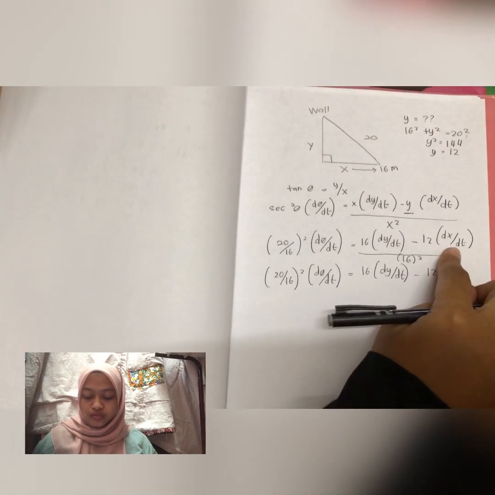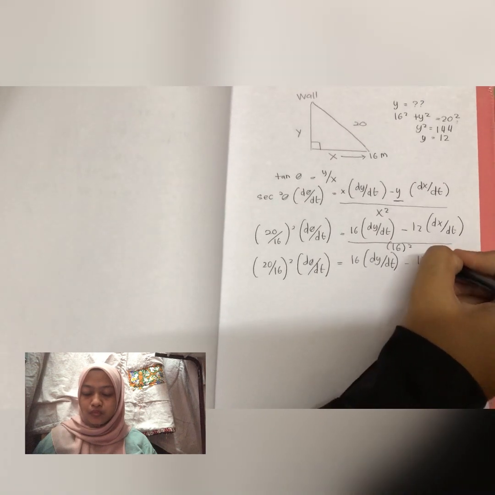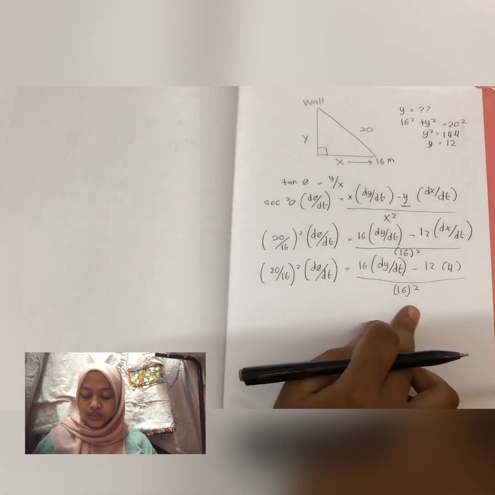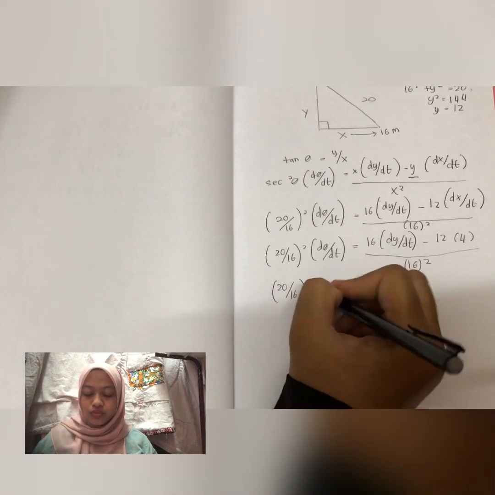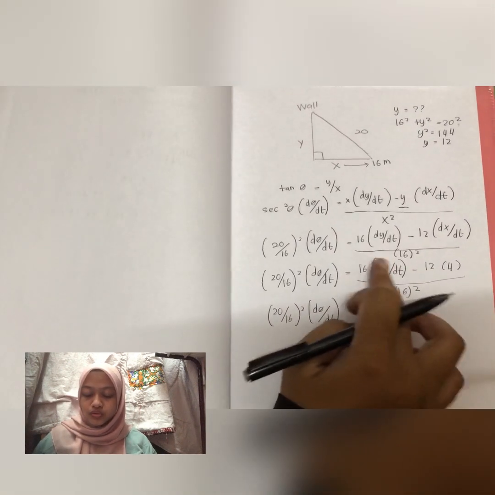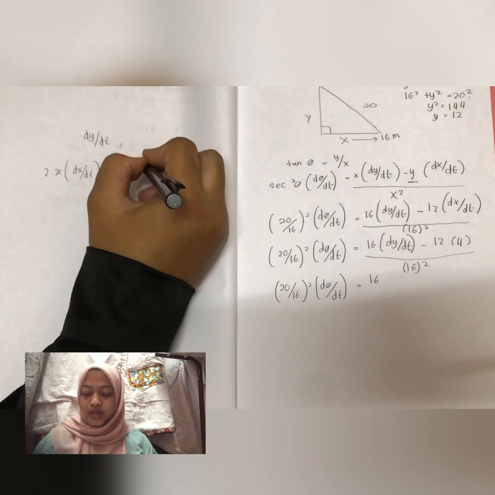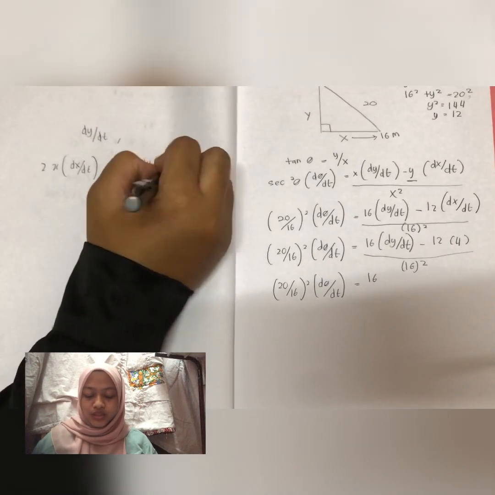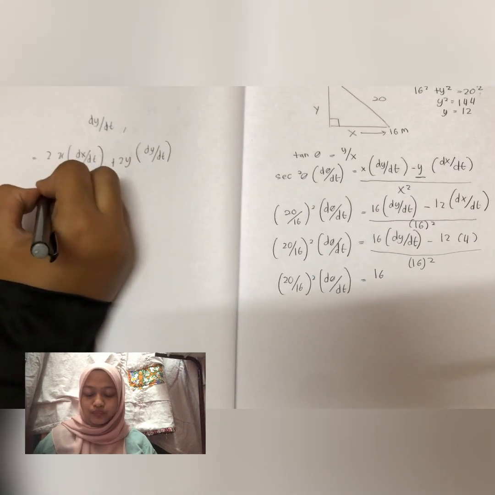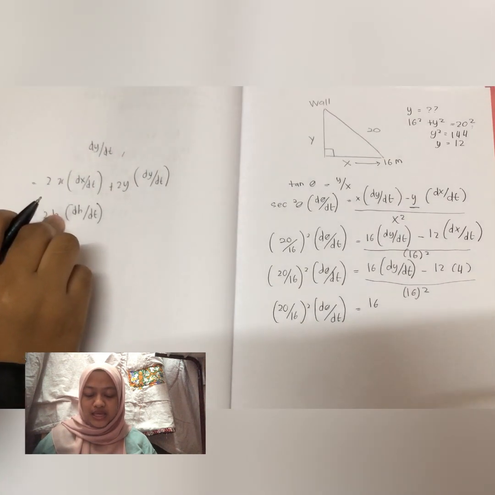So how to find dx over dt? dx over dt is given, which is a rate of 4 meters per second. So we write 20 over 16 squared multiplied with d theta over dt equal to 16 multiplied with dy over dt. So how to find dy over dt? We differentiate: 2x multiplied with dx over dt plus 2y multiplied with dy over dt equal to 0.